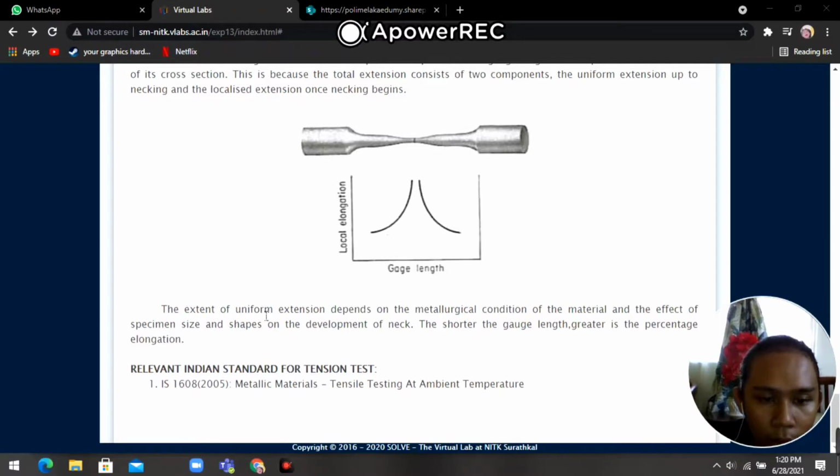The uniform extension depends on the metallurgical condition of the material and the effect of the specimen size and shape on the development of the neck. The shorter the gauge length, the greater is the percentage elongation.